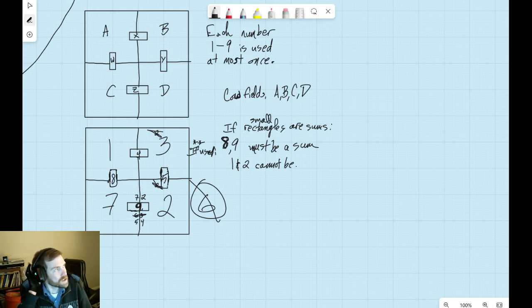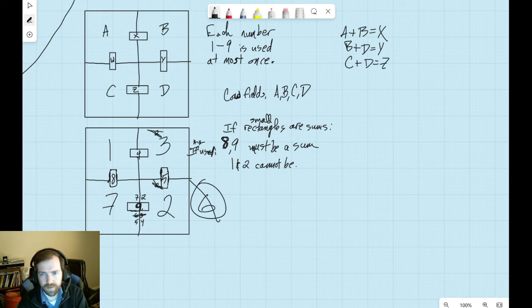Some of the students were starting to think about this in terms of algebra, and so they were like, well, this means that a plus b equals x, and b plus d equals y, c plus d equals z, and I'm like, really? A plus c equals w. Right, because now we've got a lot of known values, but a lot of unknowns, and not enough equations to make it work.